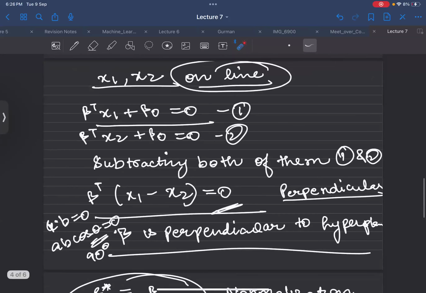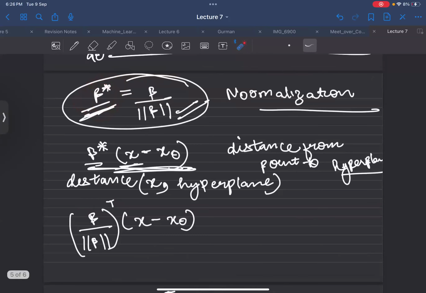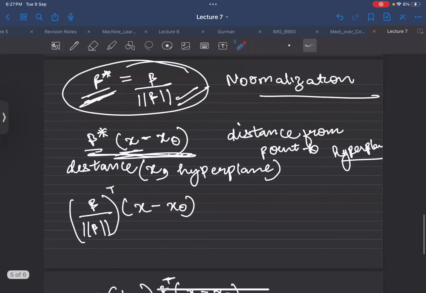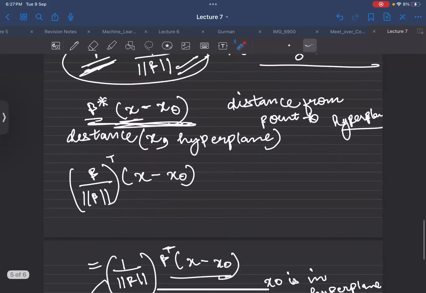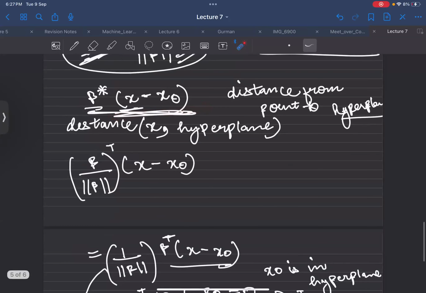Now I took beta and normalized it by dividing by the norm of beta, giving beta star. This is just notation. Now what is the distance of any x, not x1, x2, from x0, which is lying on the hyperplane? That's what I'm asking.